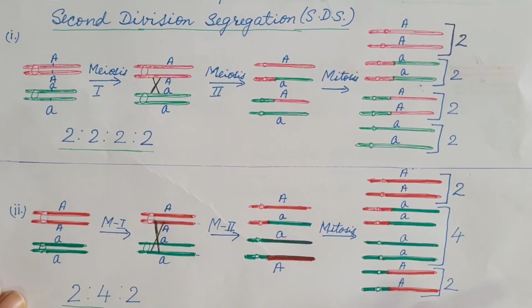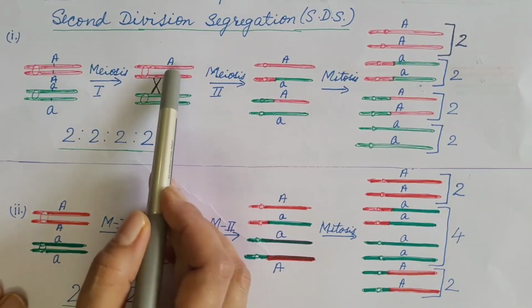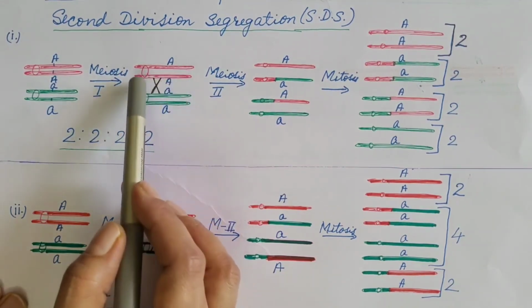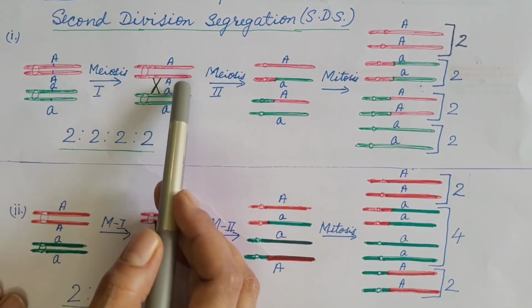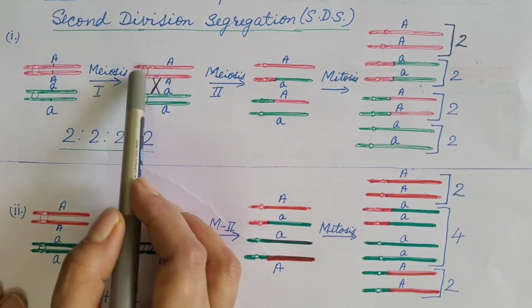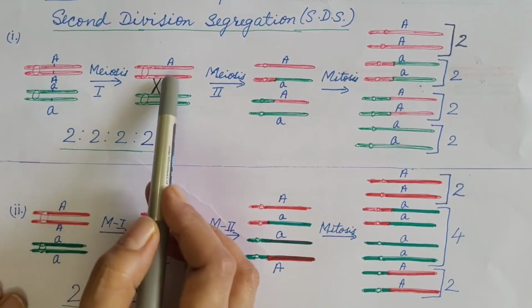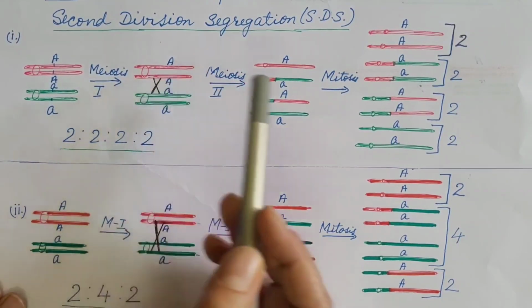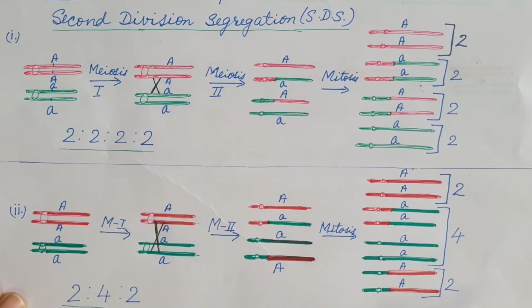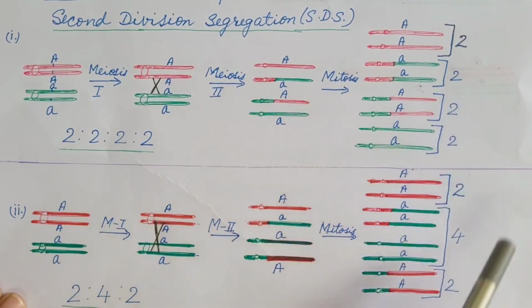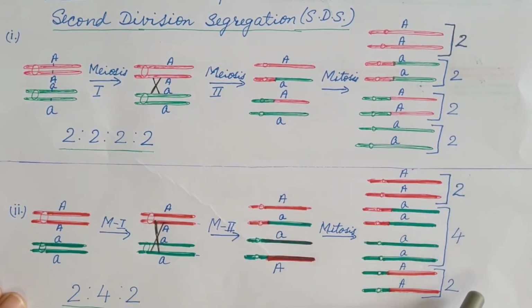So the probability of getting the SDS pattern 2:2:2:2 or 2:4:2 depends upon the distance between the gene which is taken into consideration and its centromere. That is, if the distance between the gene of interest and the centromere is such that the crossover takes place in the region between these, then we will get the SDS pattern, either 2:2:2:2 or 2:4:2.